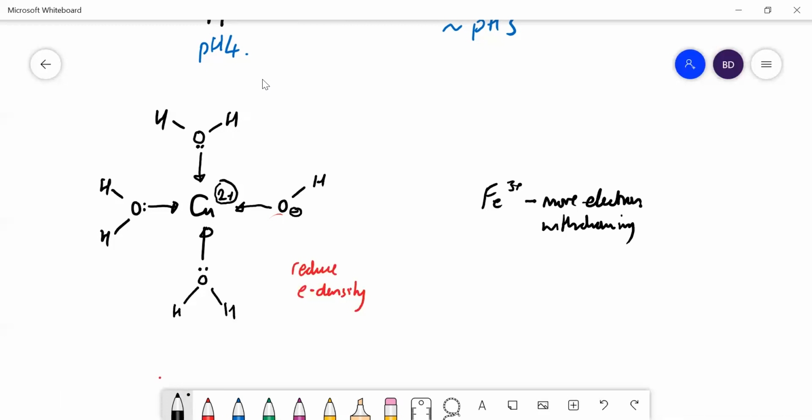It's more electron withdrawing, and so it's more acidic.